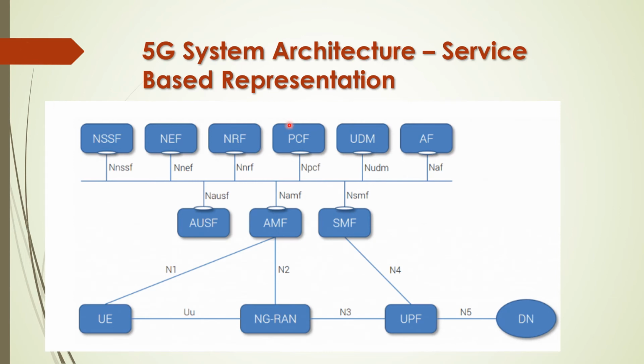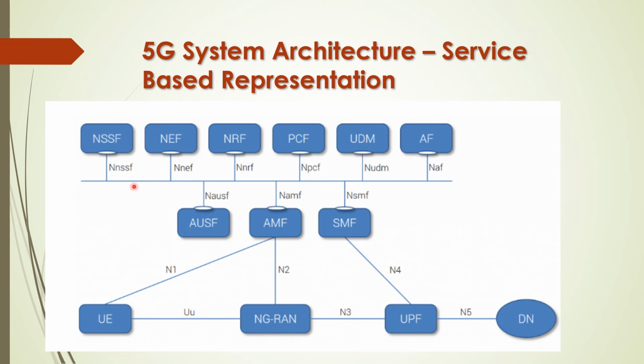The last slide showed you the complete reference point representation. Now the new type of representation in the 5G architecture is the service-based representation. In this case, each and every node is a service provider, and we have a common bus. Instead of point-to-point connections, a common bus interconnects all the network functions.